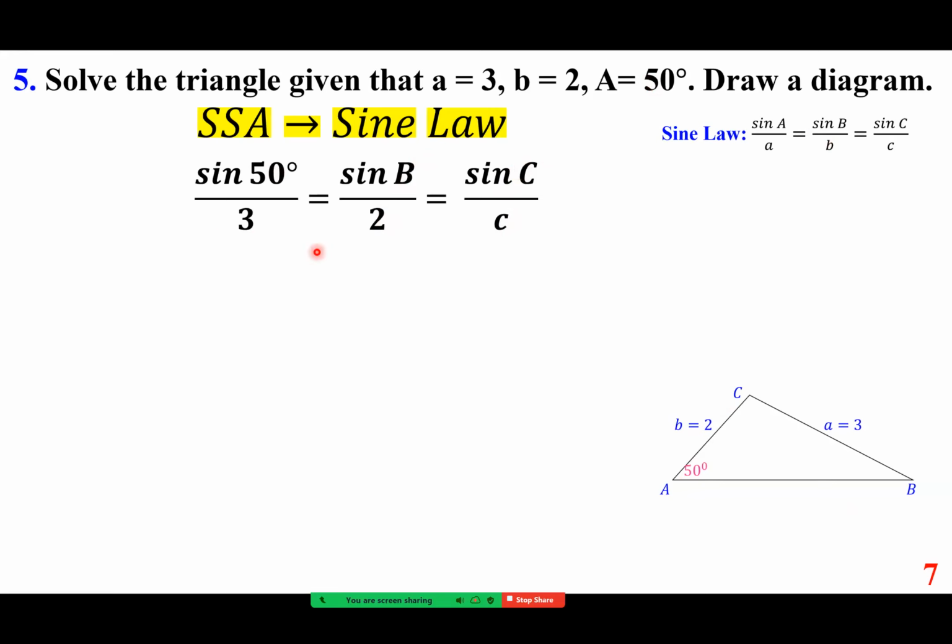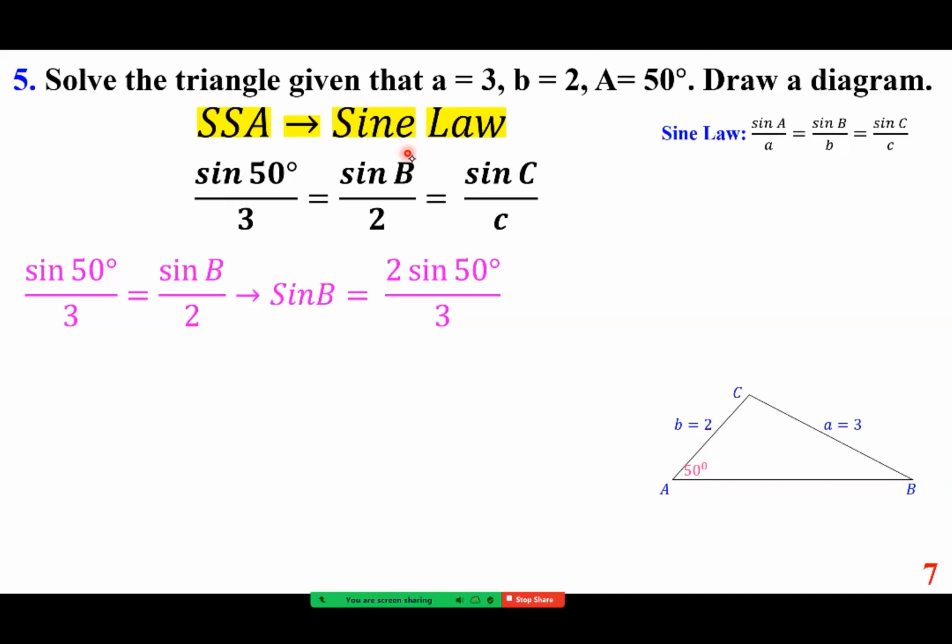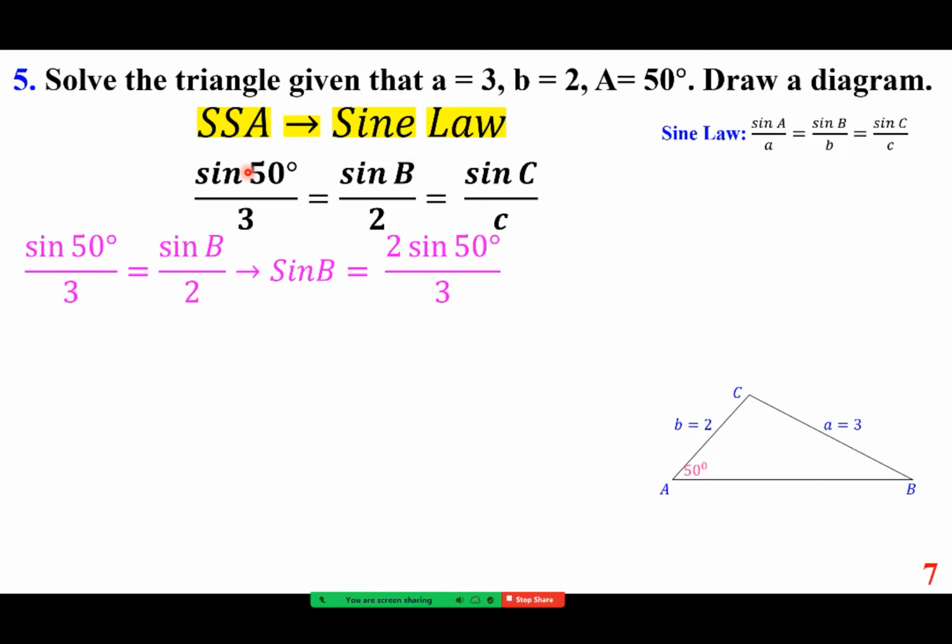So if we use these two, we can get to sine B, which makes it 2 times sine 50 divided by 3. That gives us 0.511.